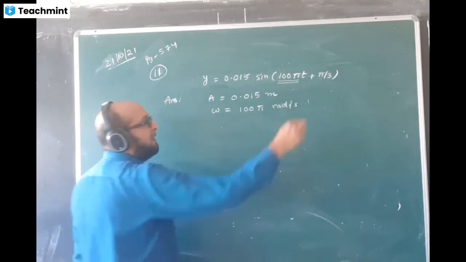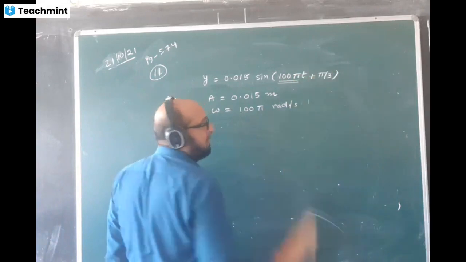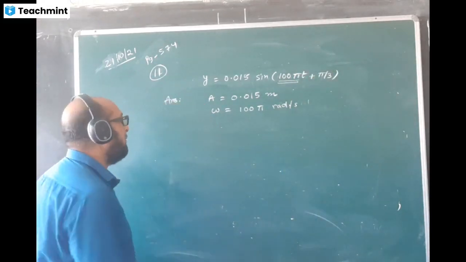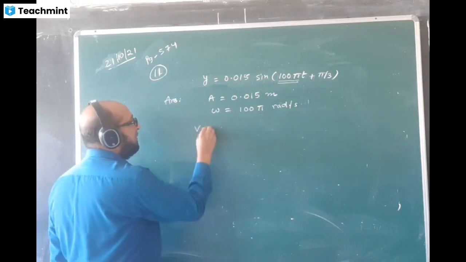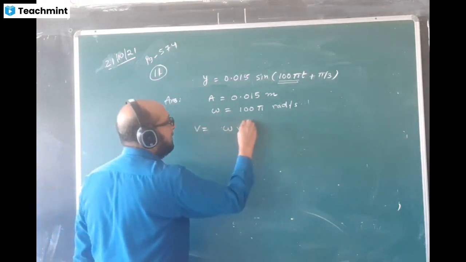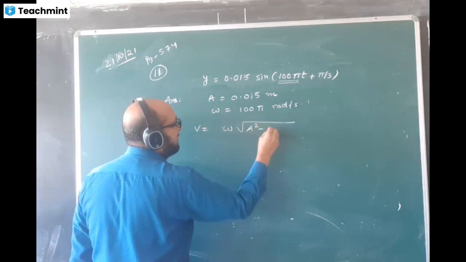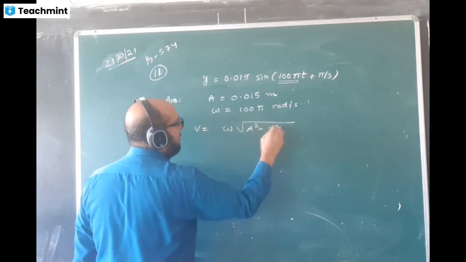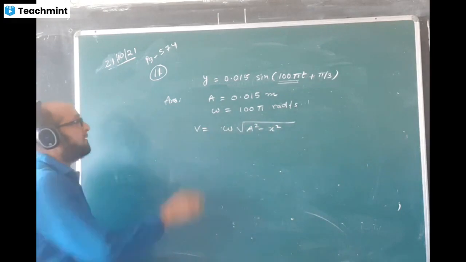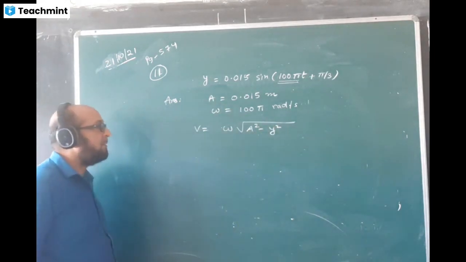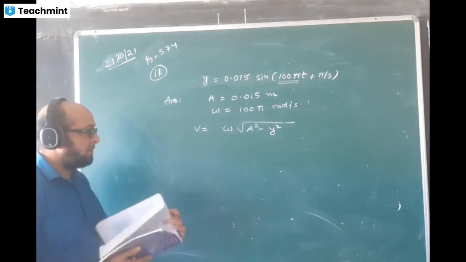Okay. This is the value of initial phase pi by 3 that we don't need right now because the formula of velocity we have v is equal to omega times square root of A square minus x square or y square. So this is given in y, so I'll be writing in displacement y square. This is the formula.